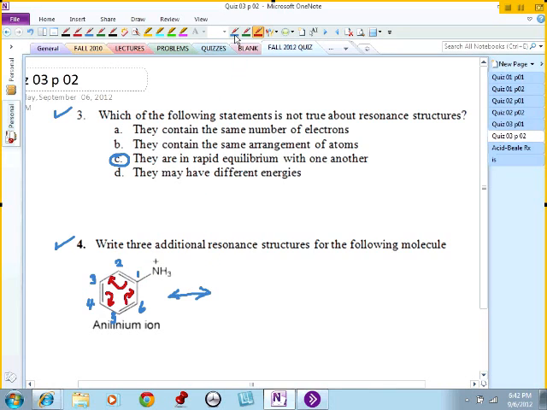Okay, I'll be right with you. So you have, so where are the double bonds? Between where? 2 and 3?